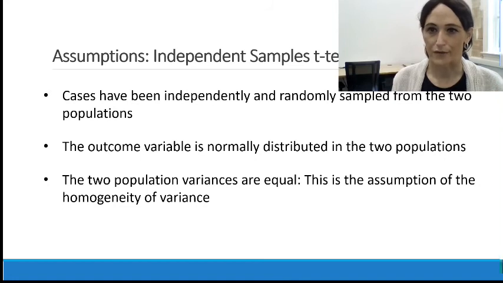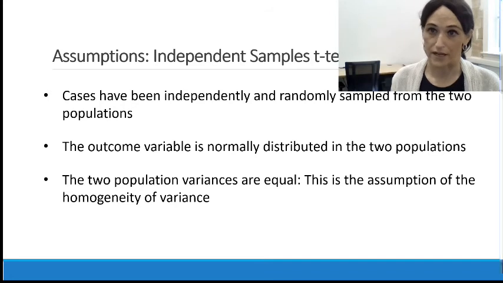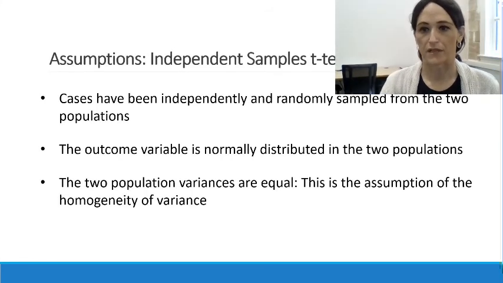With some software, you get two different p-values based on those assumptions. In the software that we're going to use in this course, it will ask us to assume equal variance or not equal variance. So this assumption of the homogeneity of variance is not as important in that we have a way to deal with it when they're not homogeneous, but we will want to be mindful of that.